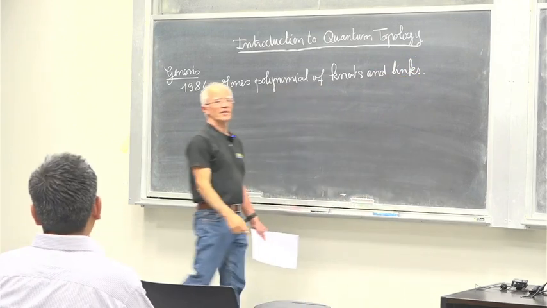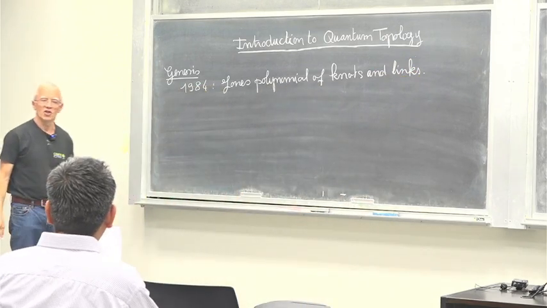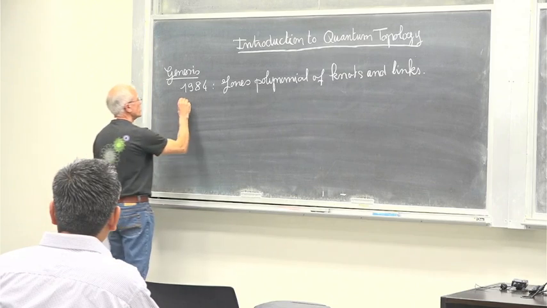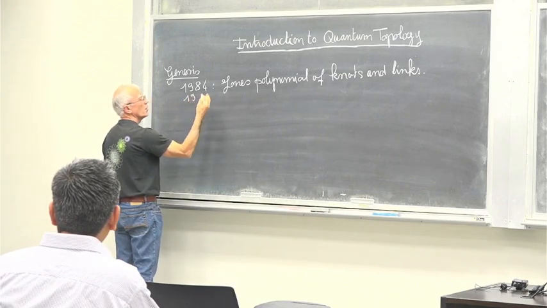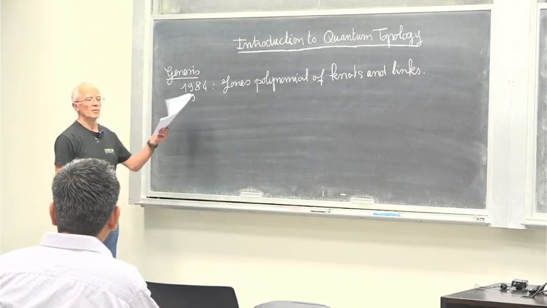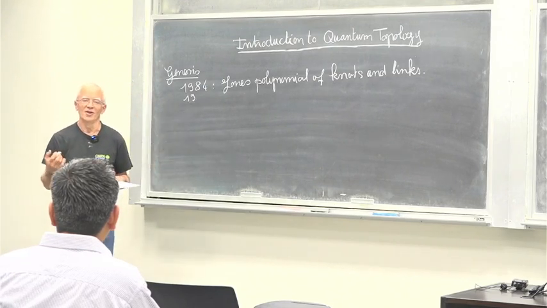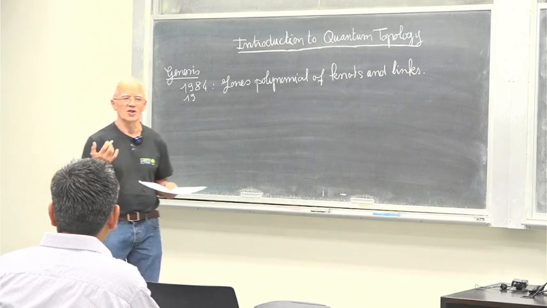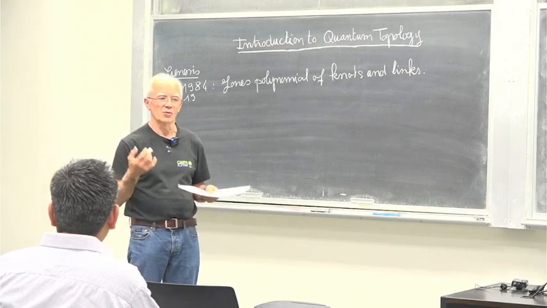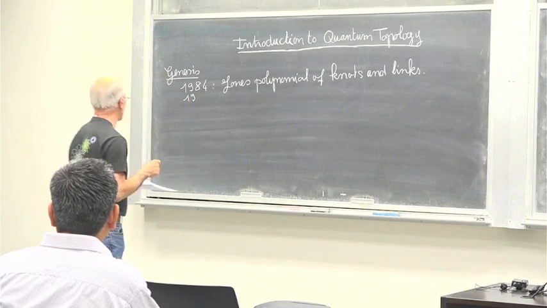He was at that time preparing his PhD in Geneva. The second step for this, so this is low-dimensional topology, and the construction is also not so much involved. It was really a surprise. I will explain what.